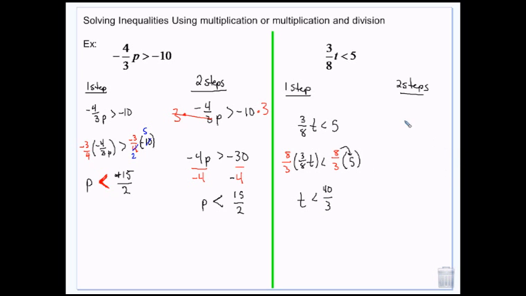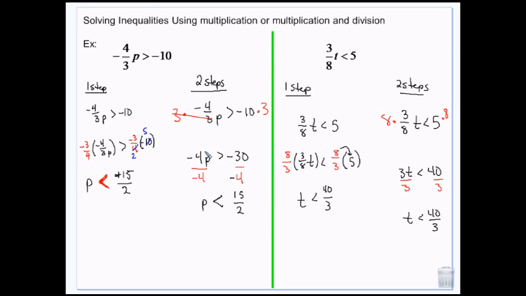Or in 2 steps, I multiply both sides by the denominator of 8. So I get 3t is less than 40, and then divide by 3. So as you can see, you get the same answer no matter which way you do it. It's just a matter of preference. Do you prefer to multiply fractions, or do you prefer to multiply whole numbers and divide whole numbers?